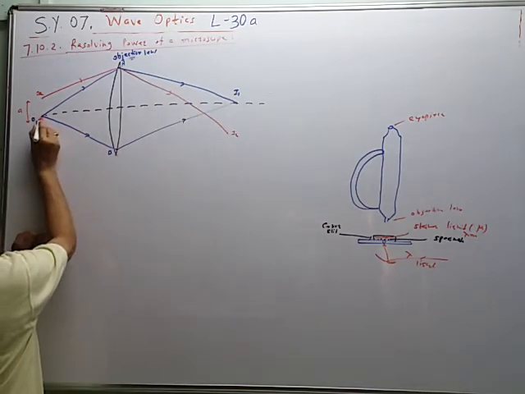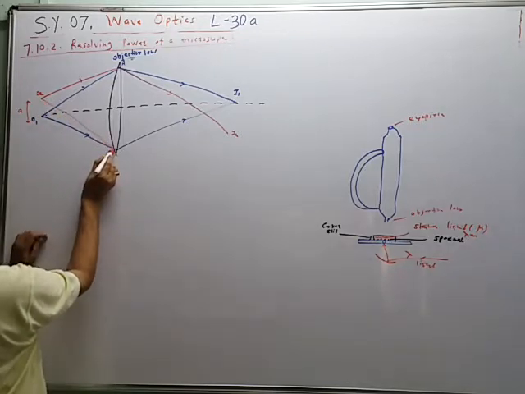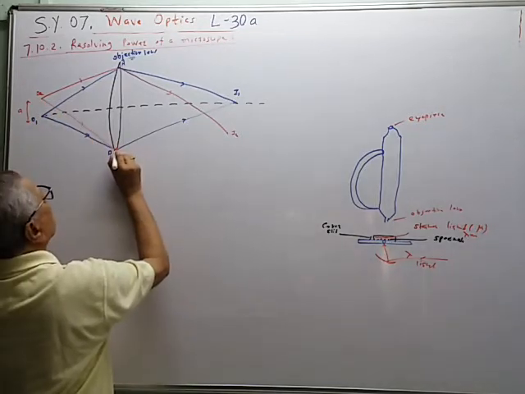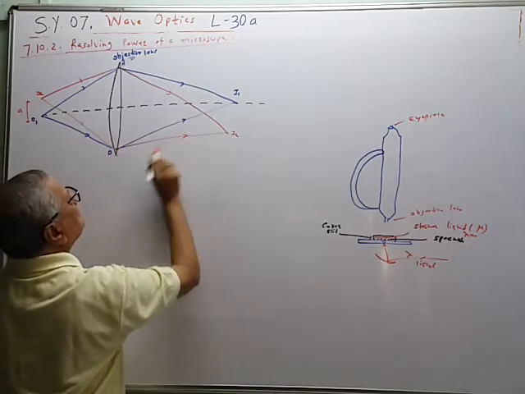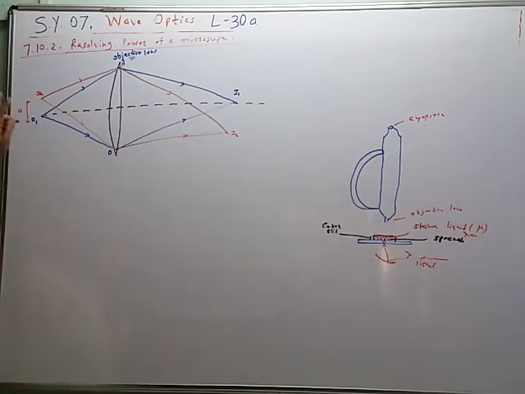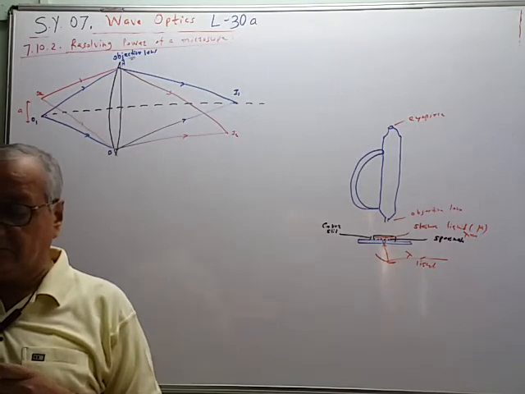Another incident ray is drawn here. It will also meet here. So I1 and I2 are the images of the objects O1 and O2. The two objects are very close, like this.